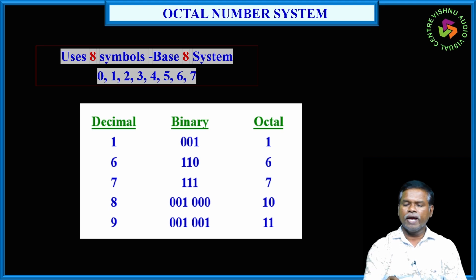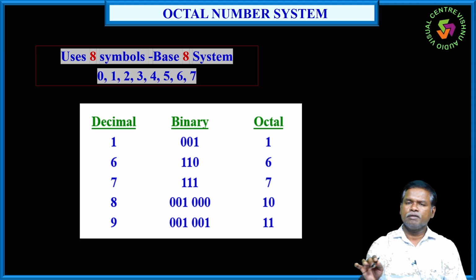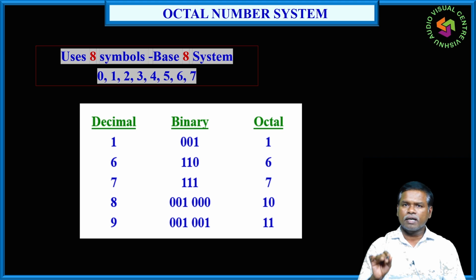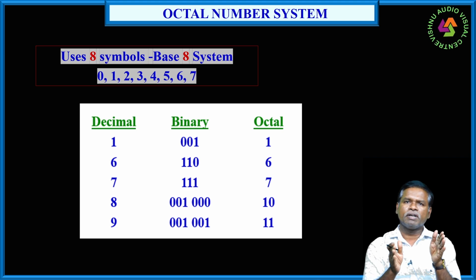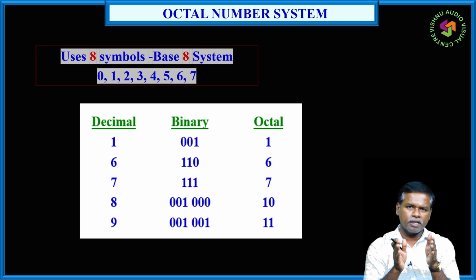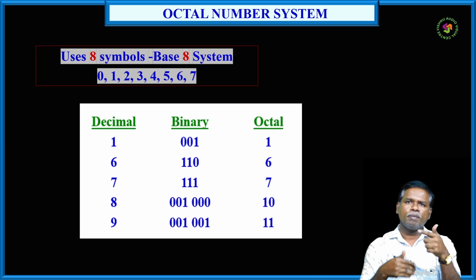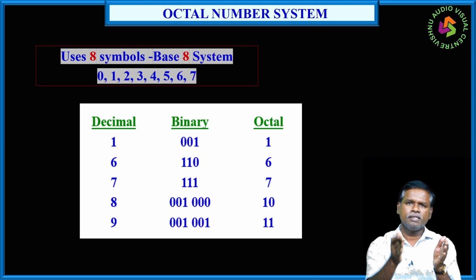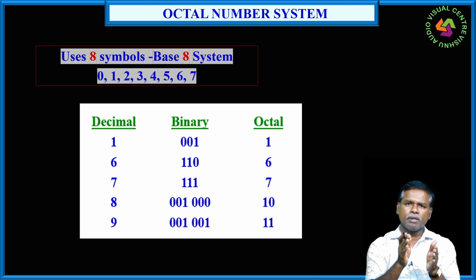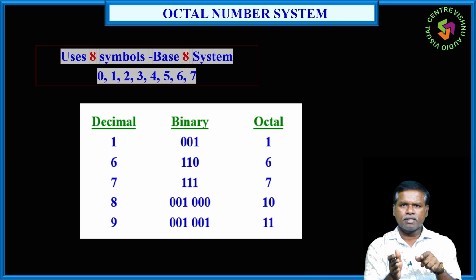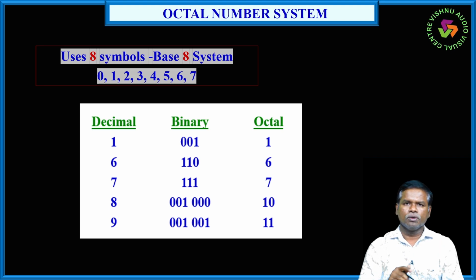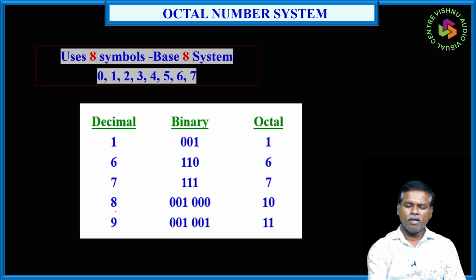But when it comes to decimal 8, it is not present in the octal number system. Only 0 to 7, 8 symbols, will be present in octal. So what comes after 7, the last symbol of the octal number system? Next comes 10. That's why decimal 8 is represented as 10 in octal.